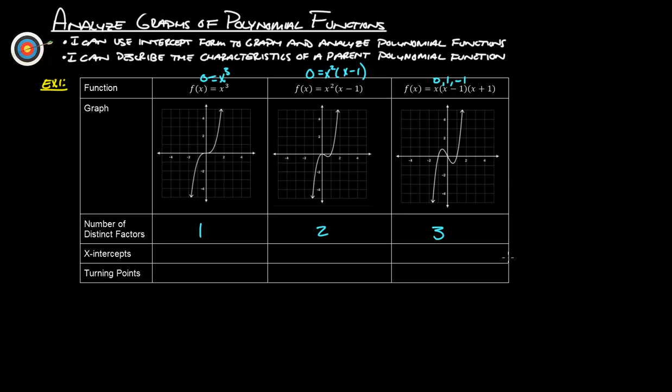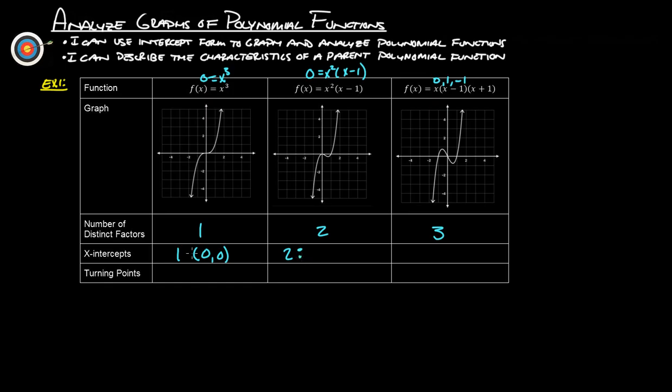Okay? So if you look on the graph, how many x-intercepts does this have? 1. And where is it? It is at 0, 0. And notice that we figured out that x had to be 0. How many x-intercepts are there here? So it goes up and just touches right there. So we call that an x-intercept. So that's going to be 2.